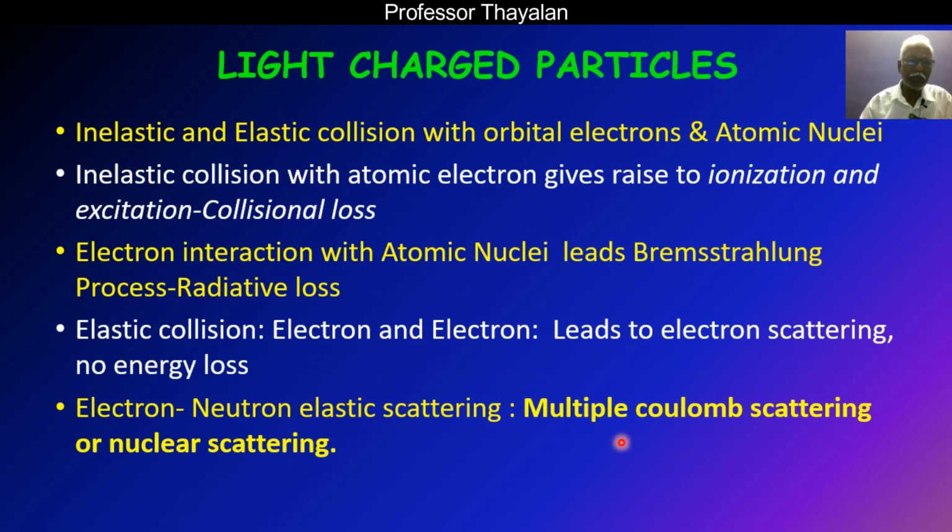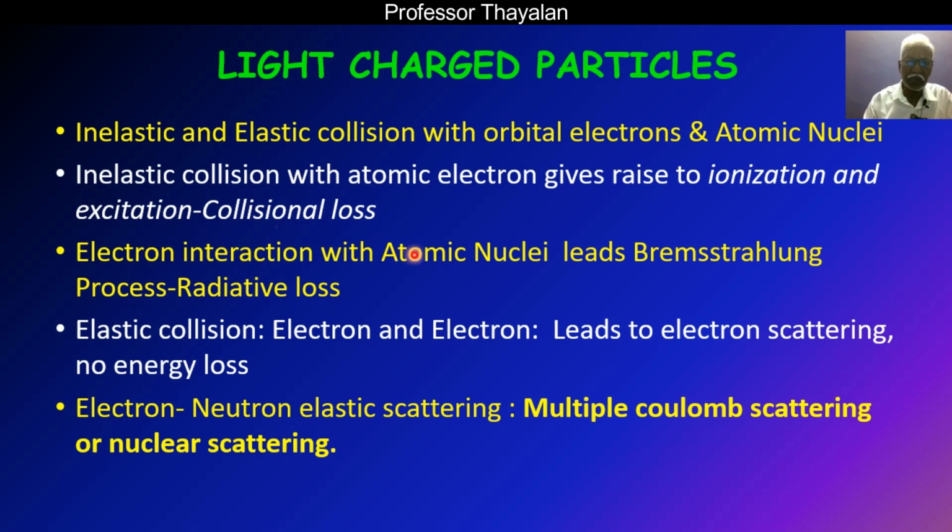Coming to the light charged particle, it can undergo inelastic and elastic collisions with orbital electrons and atomic nuclei. Let us see what is inelastic collision with the atomic electron. Inelastic collision with atomic electrons gives rise to ionization and excitation, leading to collisional losses as discussed before.